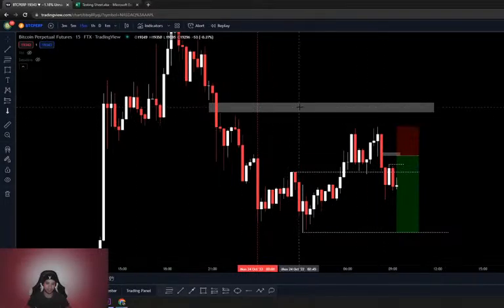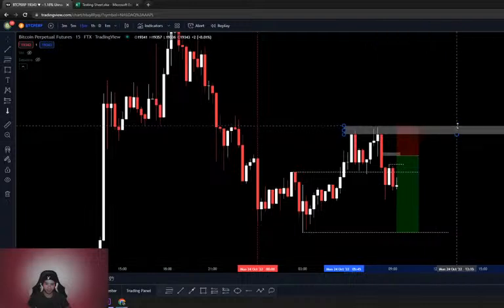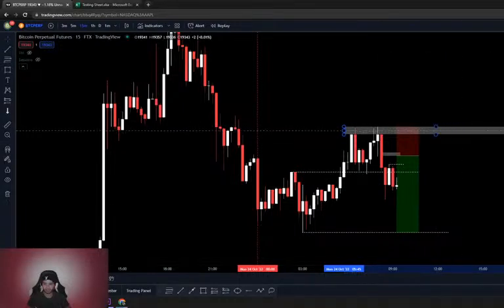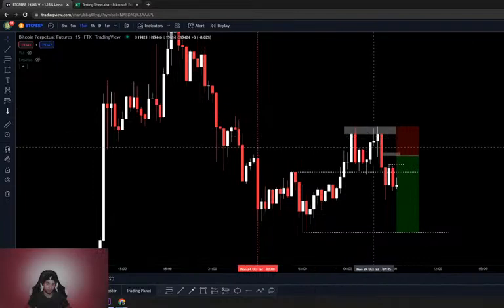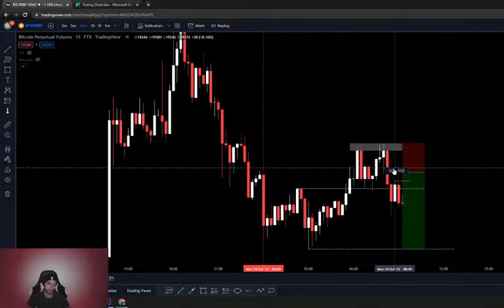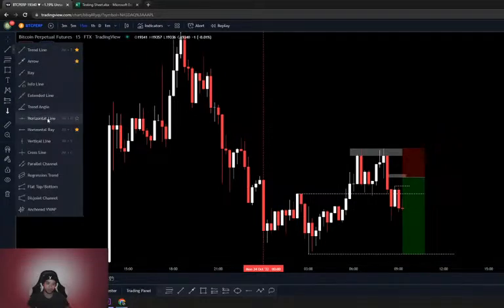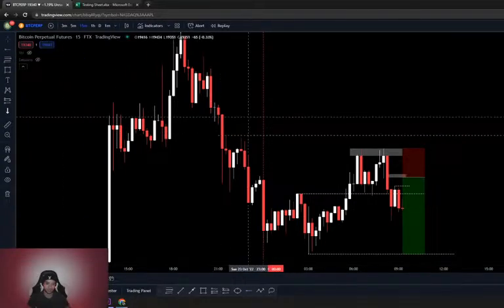Honestly, I have my eyes here. This looks like a double top. I do think that retail is shorting from here and that there are buy stops. And if we pull back and don't reject the fair value gap, I think we might actually come up into this fair value gap here.